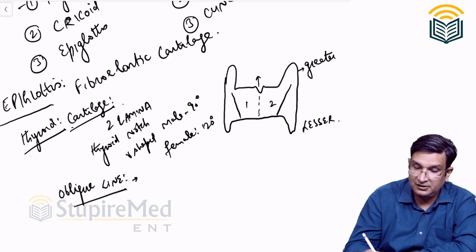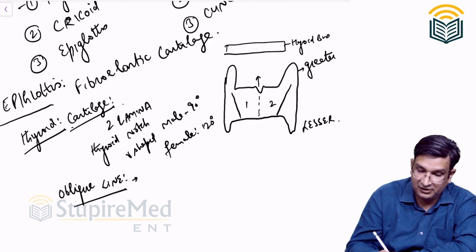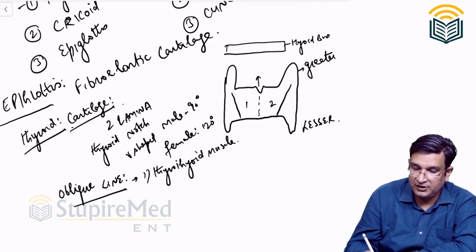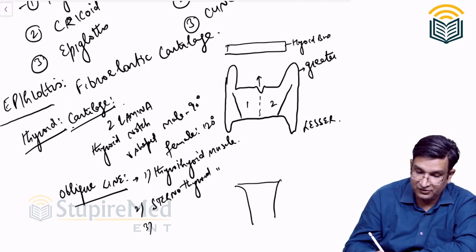And what are these muscles? Above we have the hyoid bone, so the three muscles are thyrohyoid muscle; inferiorly we have the sternum, so sternothyroid muscle; and the third one is inferior constrictor muscle.